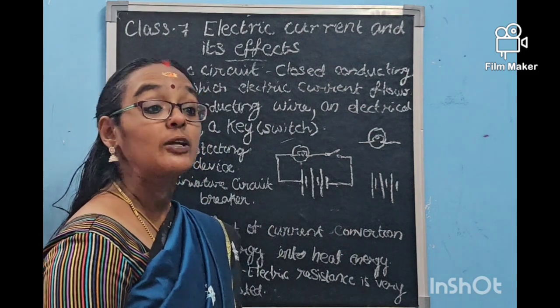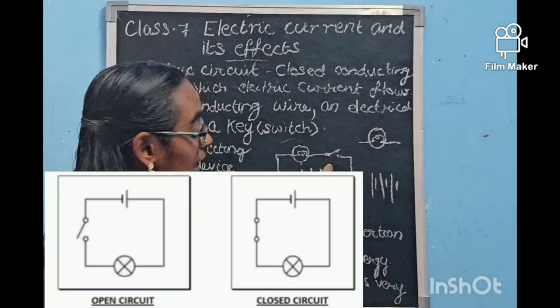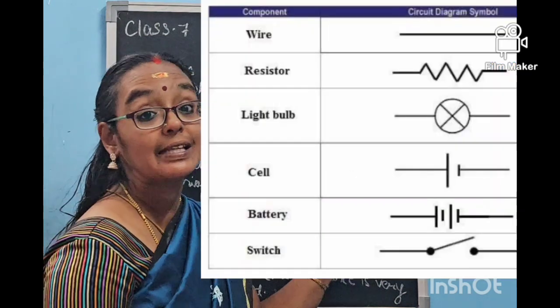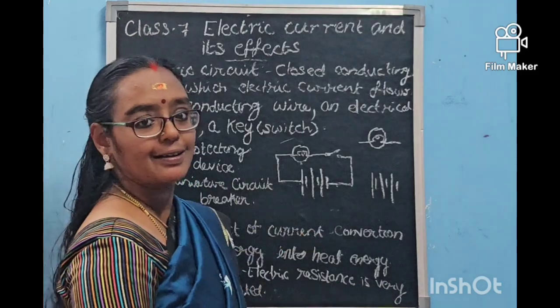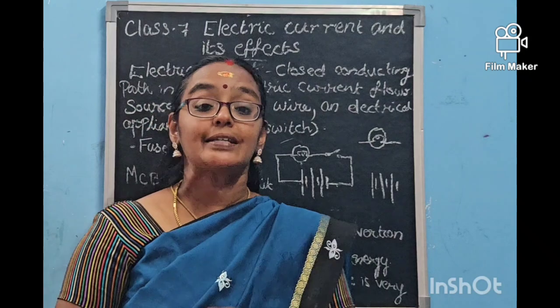Diagrammatic form is much easier to draw as well as to express. There are many symbols for electric components, and by using these symbols we are able to draw the circuit diagram of electric current.